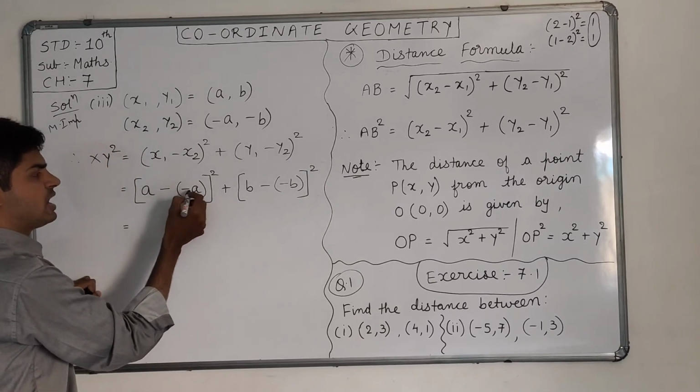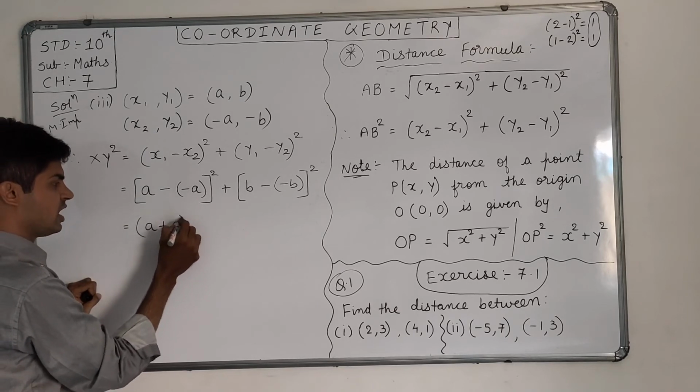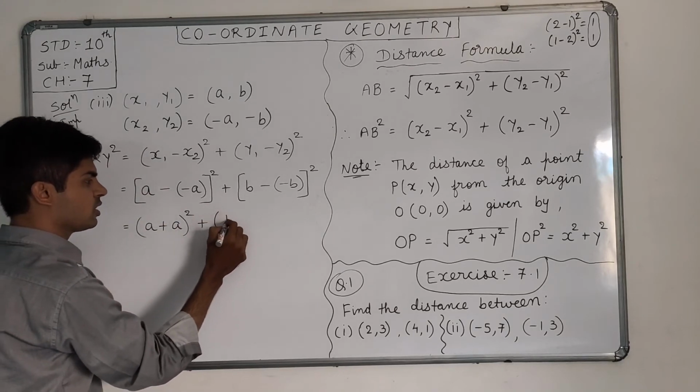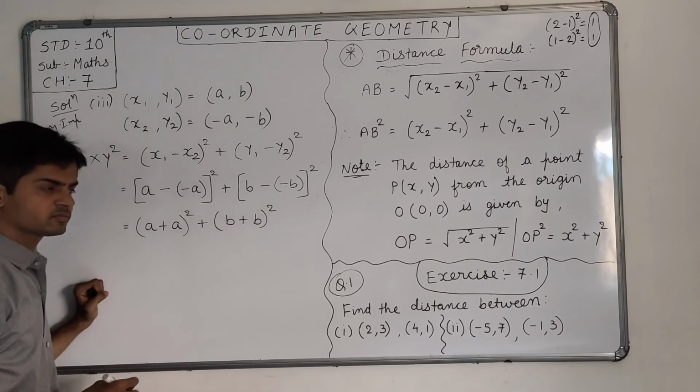A minus a, so minus plus a whole square. Again same, minus plus b whole square.